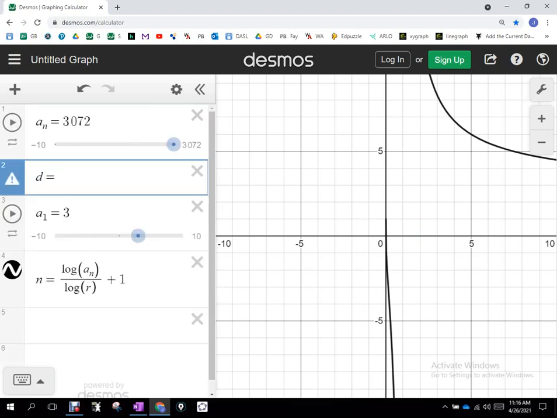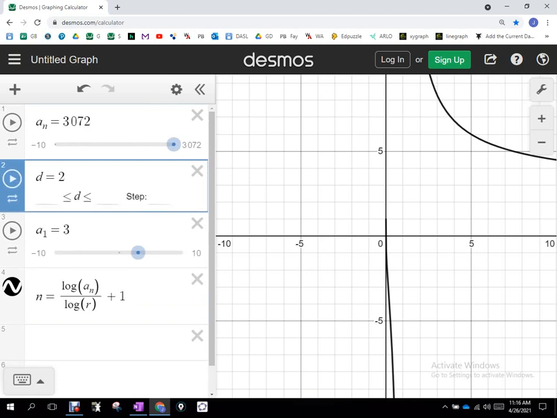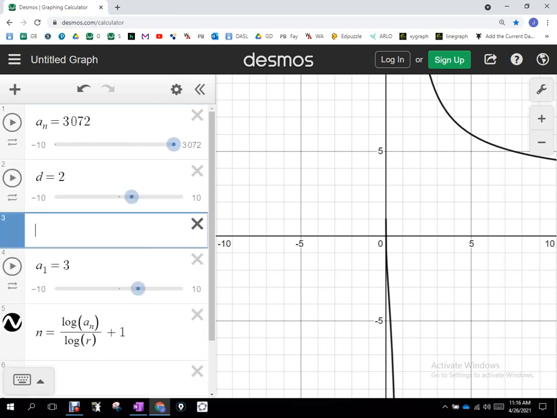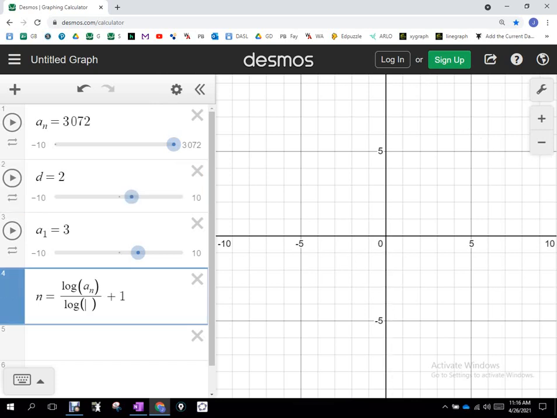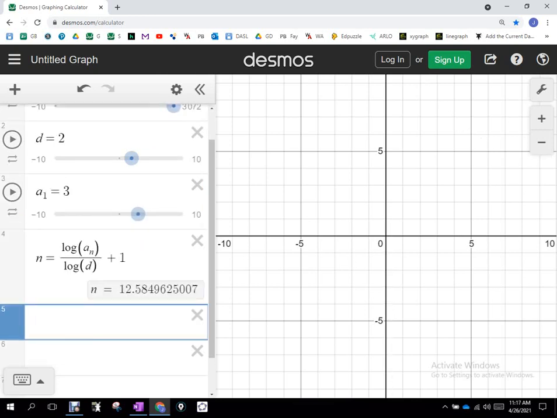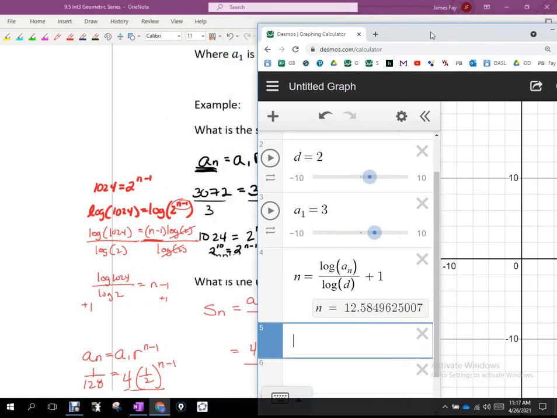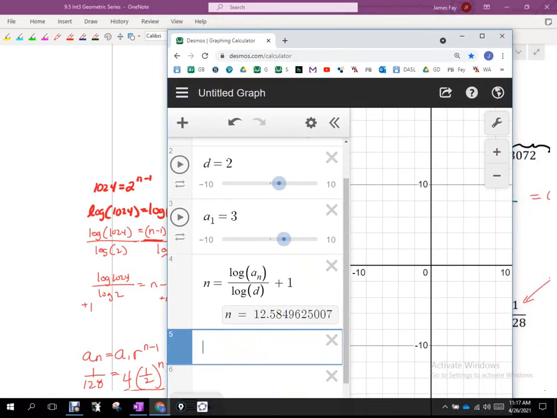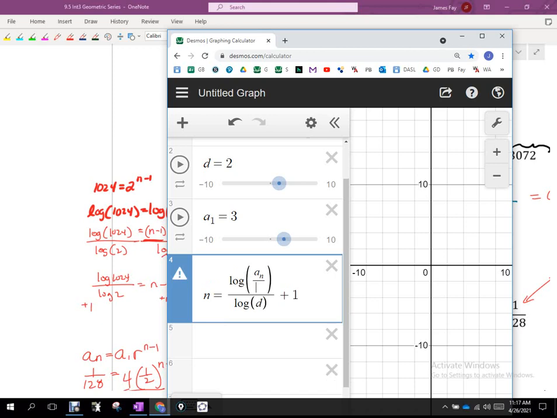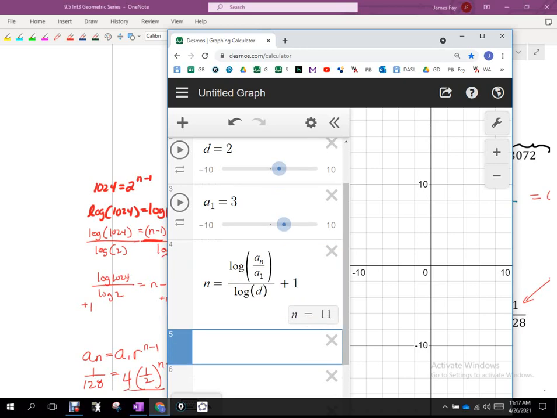D is equal to 2. Oh, so it's A sub n divided by A sub 1. There we go.